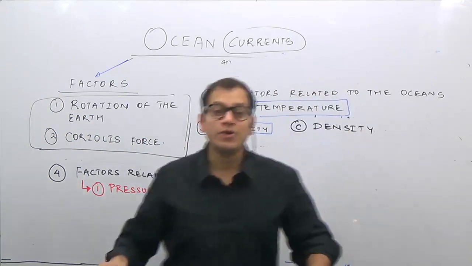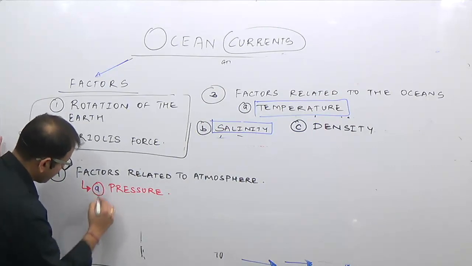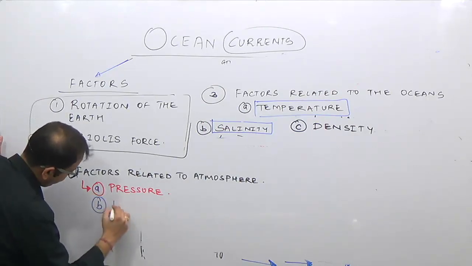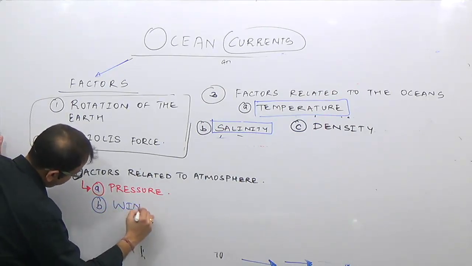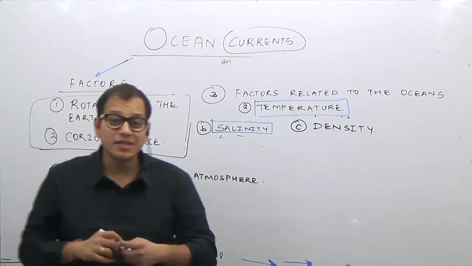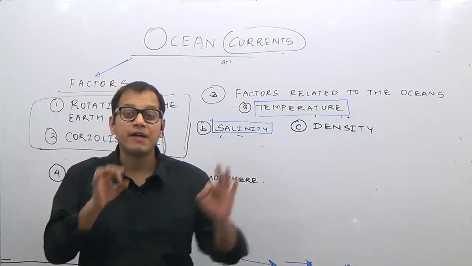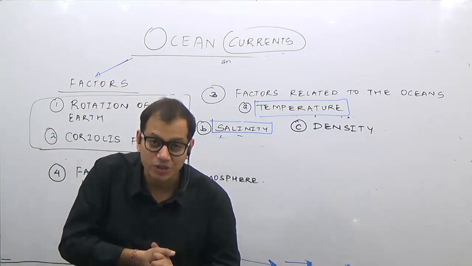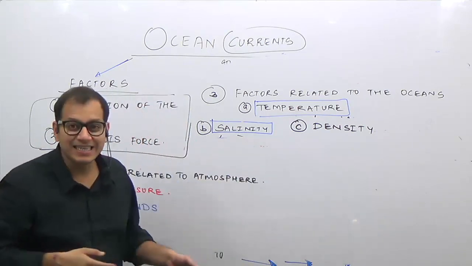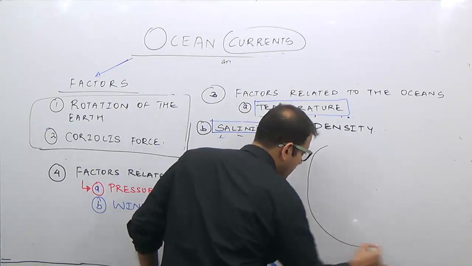The second important factor which is related here is the winds. In fact, you remember, winds are the single most important factor for the generation of an ocean current. As we have seen, most of the ocean currents follow the direction of the prevailing winds.